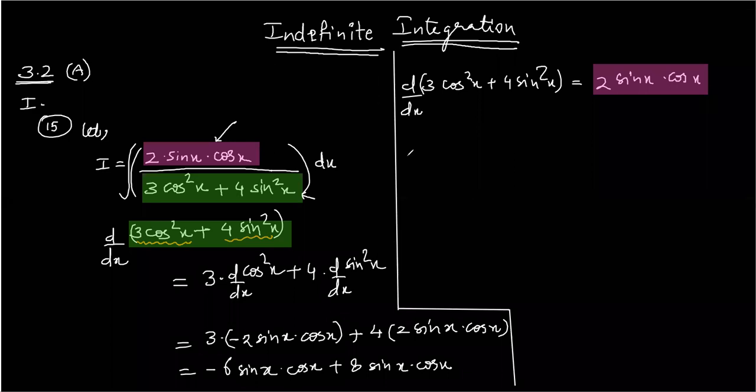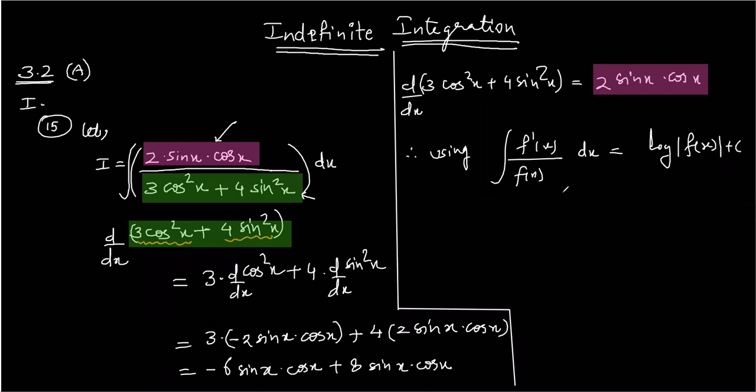So I will write, therefore, using the integration of f dash x upon f of x dx equals log of mod of f of x plus c, we get I equals log of mod of 3 cos square x plus 4 sin square x plus c. Log of mod of the denominator. Okay, very simple question, students.